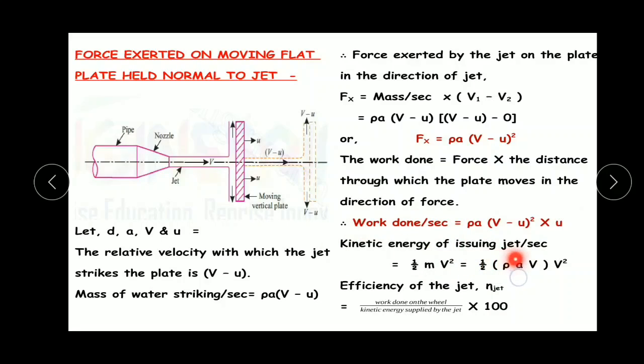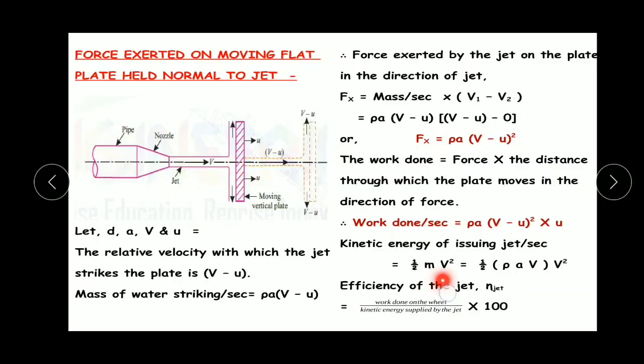Kinetic energy of the issuing jet per second. We know the formula for kinetic energy is half m v squared, where m is the mass of the liquid flowing and v is the velocity of the jet.